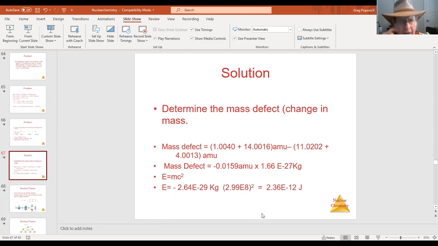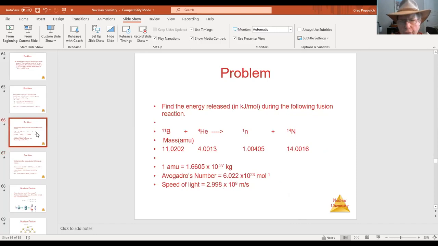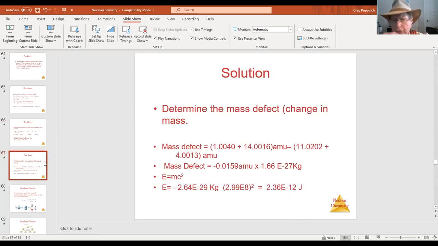I do that math out and I end up with 2.36 times 10 to the minus 12 joules. And since I didn't give you a weight, that's as far as you can go with this problem. Any questions?